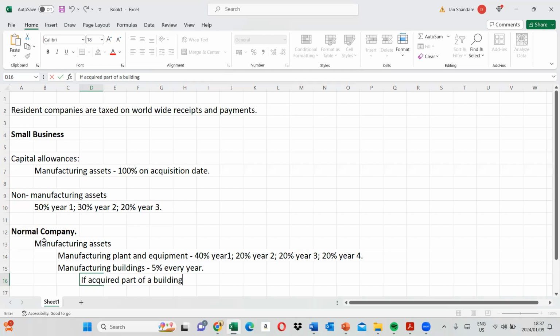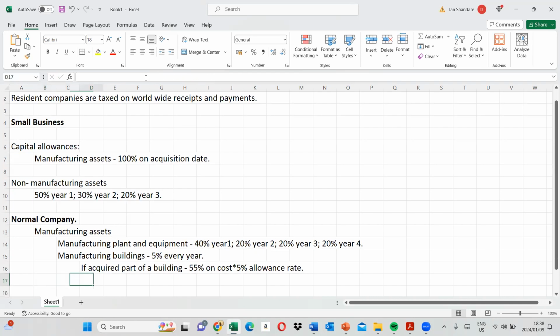They only bought the first floor, which makes it part of a building. So you need to pay attention to the wording that they are going to be using in that case. So if part of a building is acquired, you claim 55% on cost, then you multiply by the 5% allowance rate. So that is how you go about it in regards to a building.